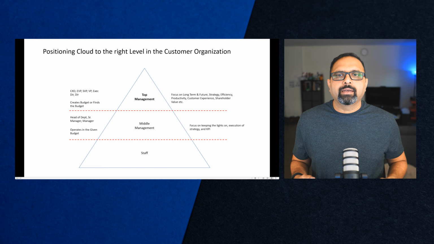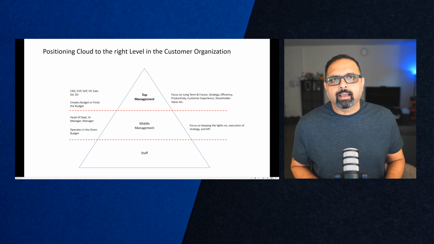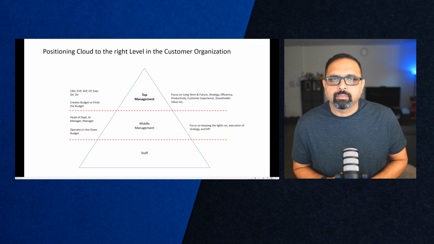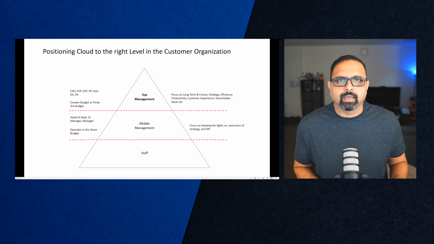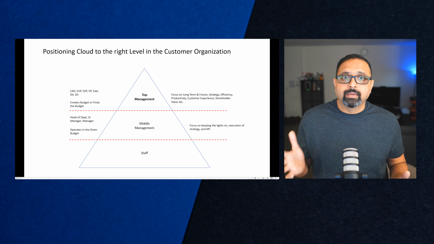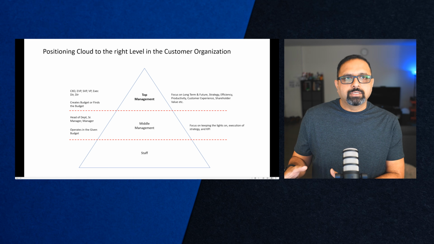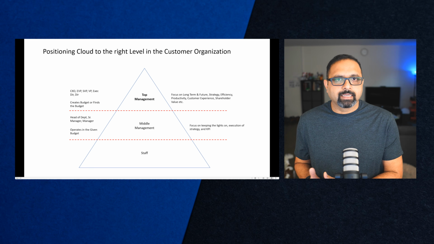So there's no point in going into specs with these guys. They don't care about specs, right? How fast is your software and so on. They want to understand what it means to them. They really want to understand how it translates to them. For example, don't tell them how big the battery of your phone is, 4,000 milliampere or so, as an example.